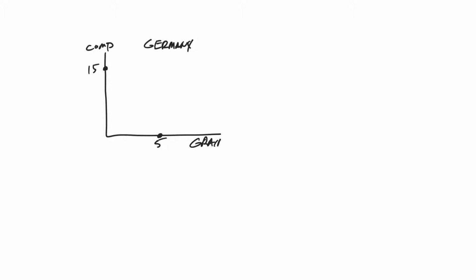We have the example in the study guide with Germany and Poland, and it tells us that in Germany a worker can produce 15 computers or 5 units of grain. So there's Germany's production possibilities.